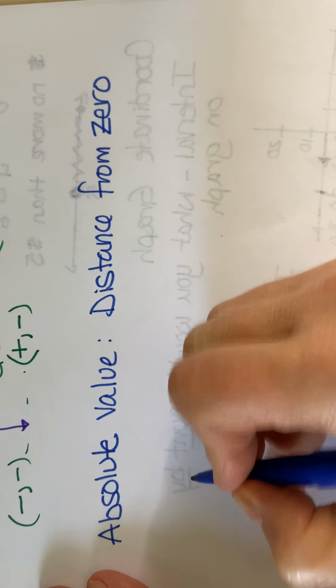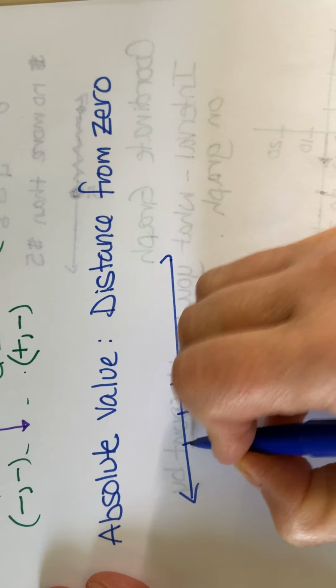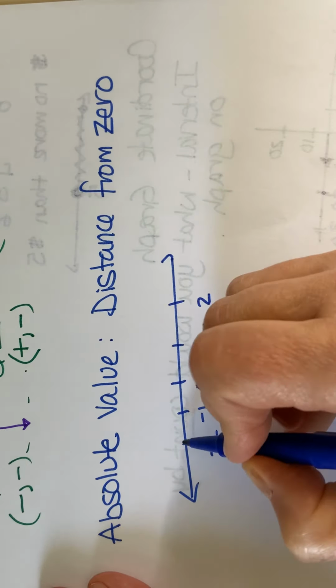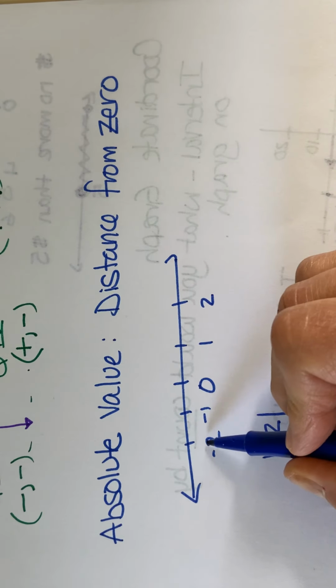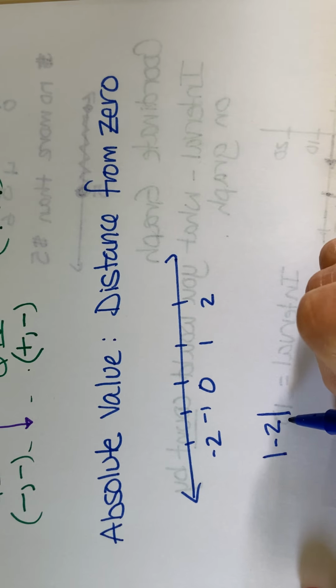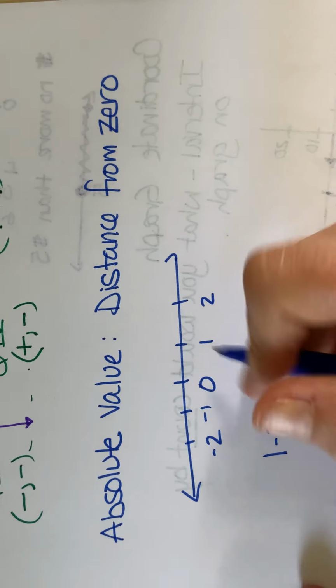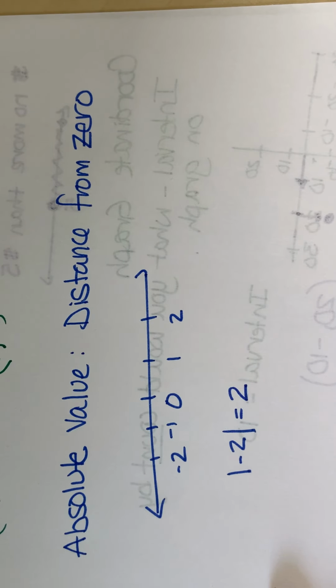So if I'm on a number line and I have the points -2, -1, 1, 2, and I ask the absolute value of -2, I'm asking how far from 0 is -2. That's what I would ask myself in my head. It's 2 places from 0. I can't go a negative distance. I can't go backwards.